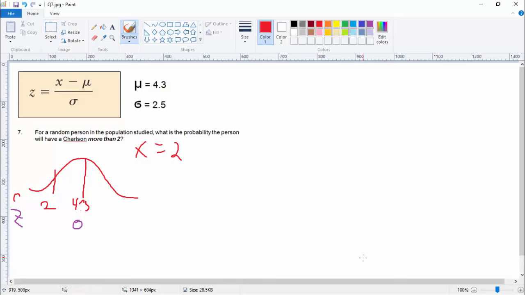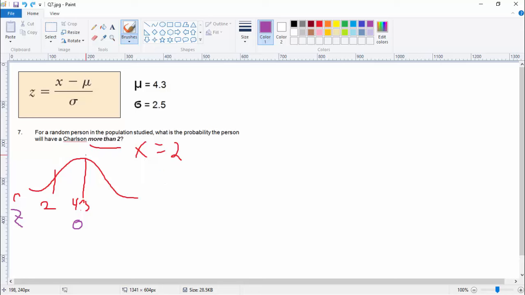Here we go. So it's important to figure out what the question's asking. When it says more than 2, it's talking about this whole section here, which is, how big is that? Is it 60%? Is it 70? Whatever. We don't know, but we know it's bigger than 50% because it crosses this little thing.